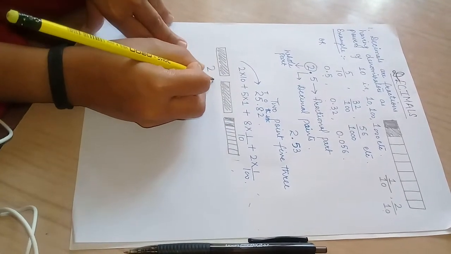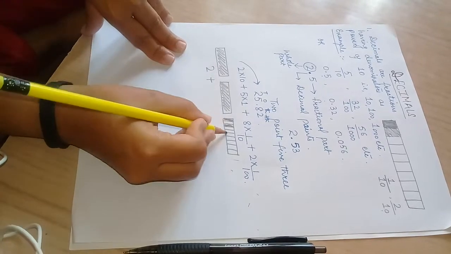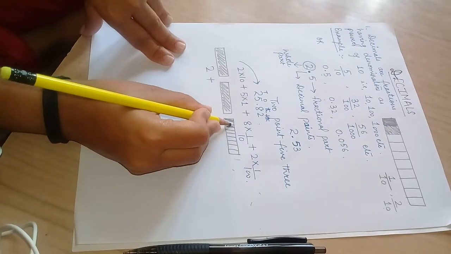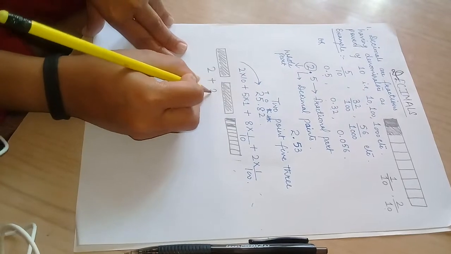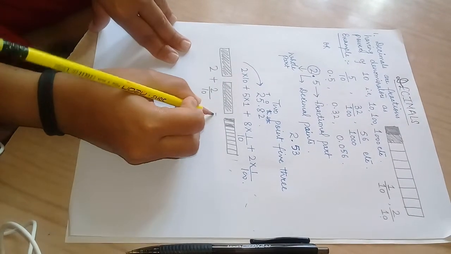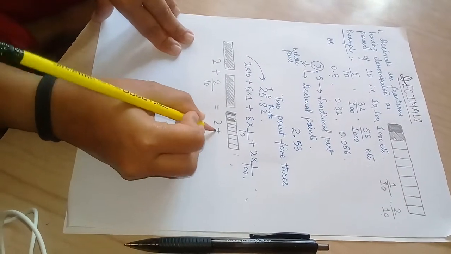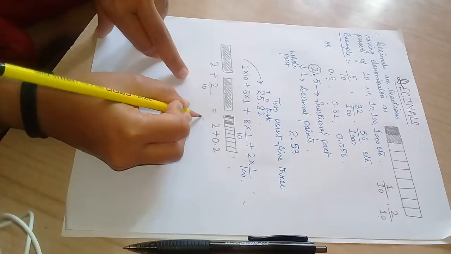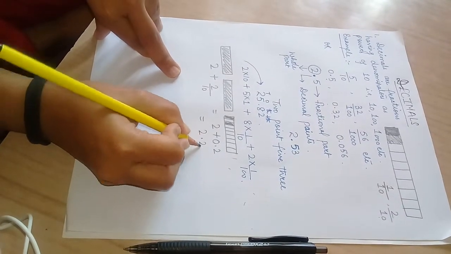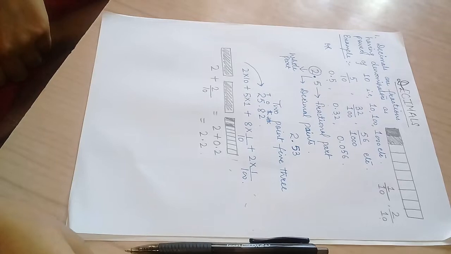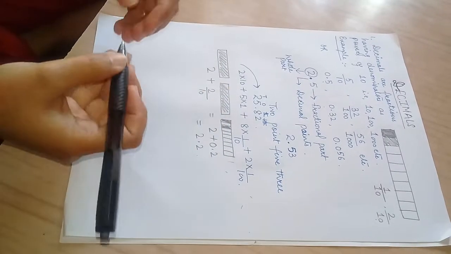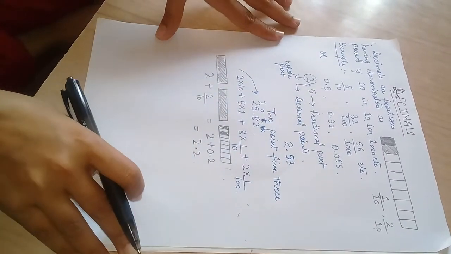It is 2 whole strips plus what is the shaded portion here? It is 2 by 10. So this will be equal to 2 plus 0.2, and this is equal to 2.2. Okay. Hope this is clear to you. This is the basic of decimals.